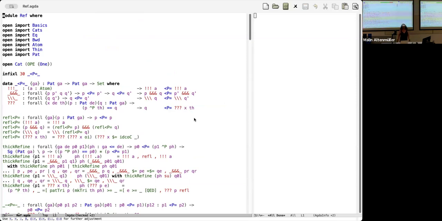I define what it is for one pattern to refine another. So this is an inductive definition of pattern refinement. That's to say that patterns are the objects of a category, and these are the morphisms. It's about what it is to be more specific than something.